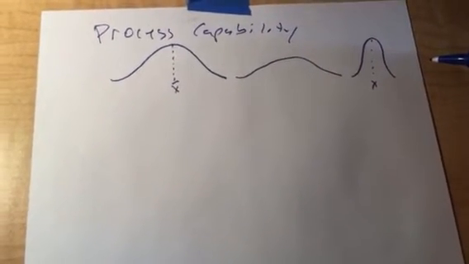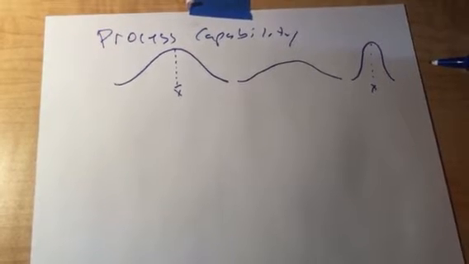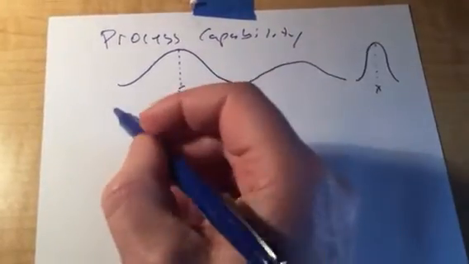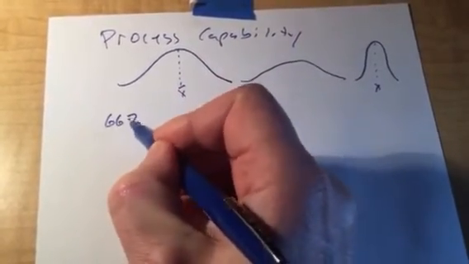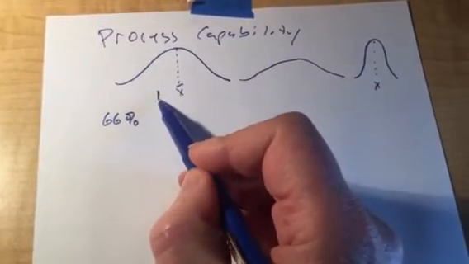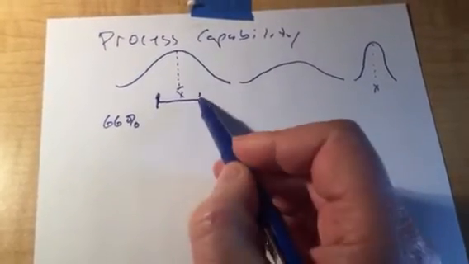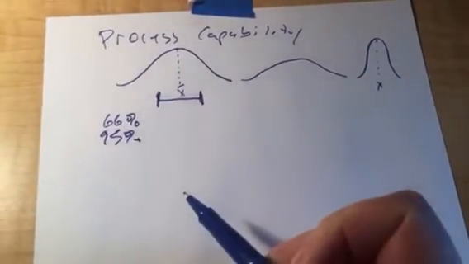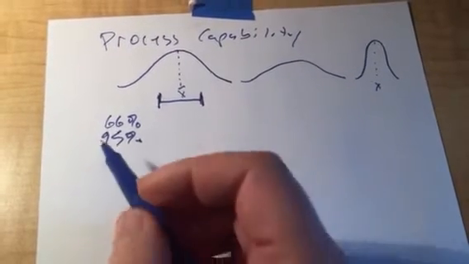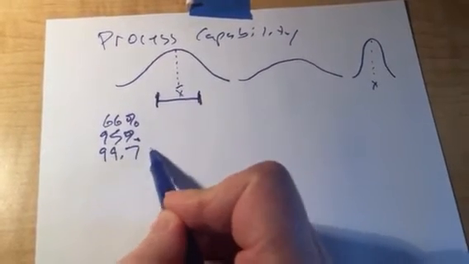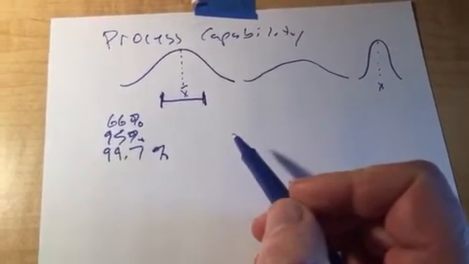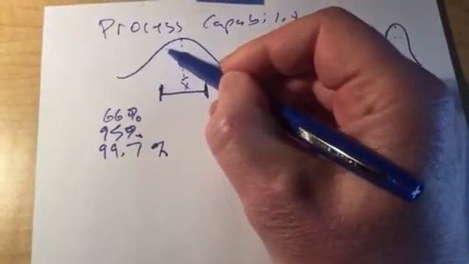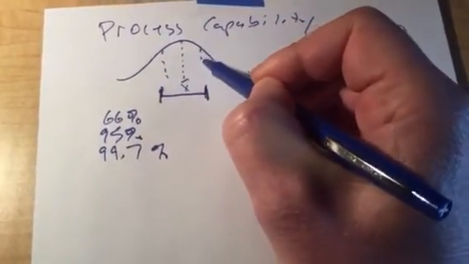The cool thing about standard deviation is that we know about two thirds, about 66% of all observations, are going to be within one standard deviation of the average. About 95% of observations are going to be within two standard deviations, and about 99.7% are going to be within three standard deviations of the average. So if we're looking at the height of 18-year-old males, about 2/3 are going to be within this range.